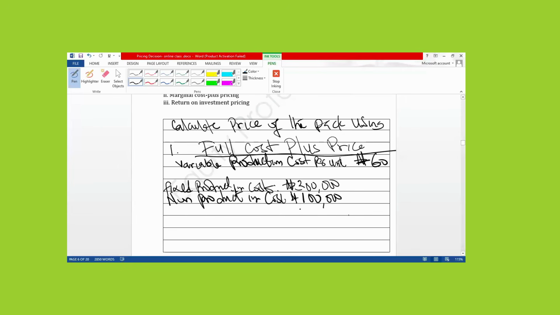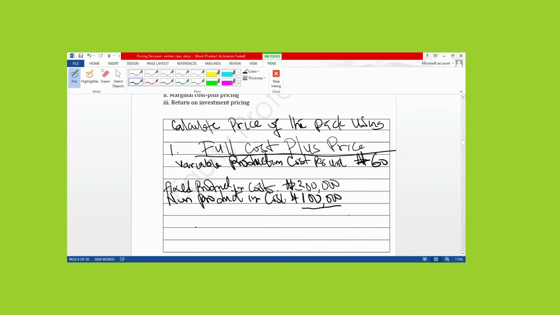We are talking about cost incurred to produce the products and to achieve sales. Non-production cost might be marketing cost, selling cost.